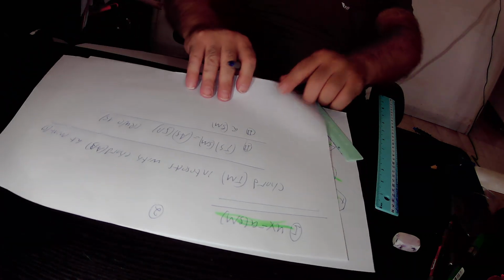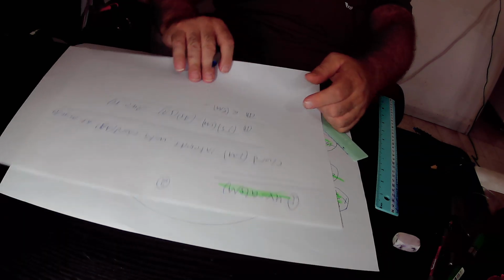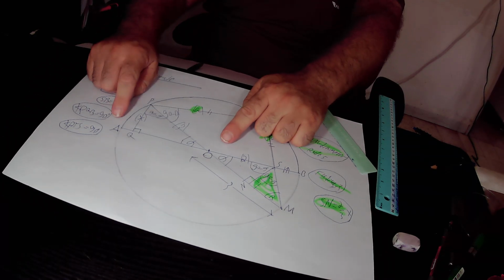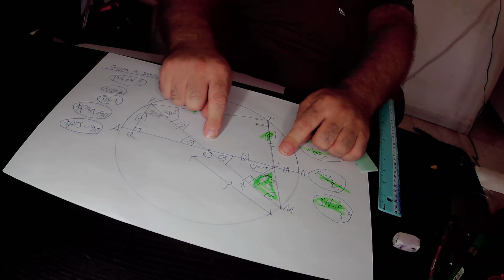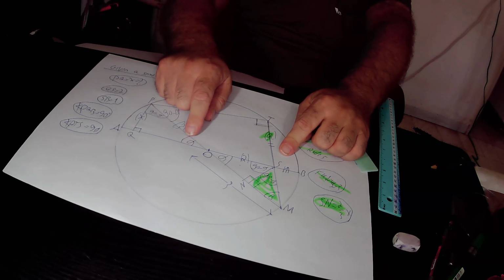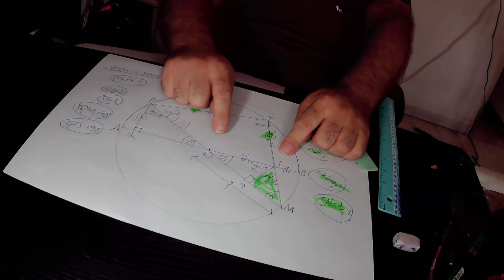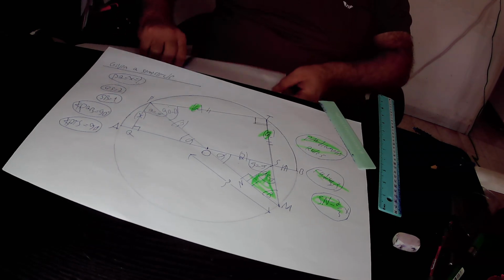We have A times SM equals AS times SB. AS in total equals AO plus OS. AO is the radius of this circle, that is 3, plus OS, that is 2. So in total AS equals 3 plus 2, that is 5.